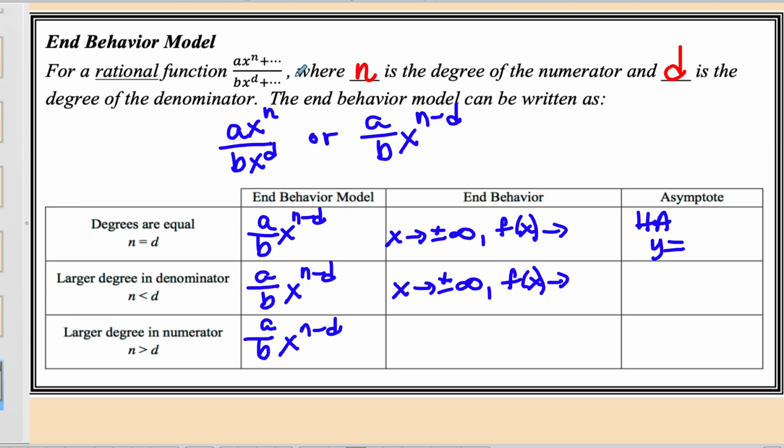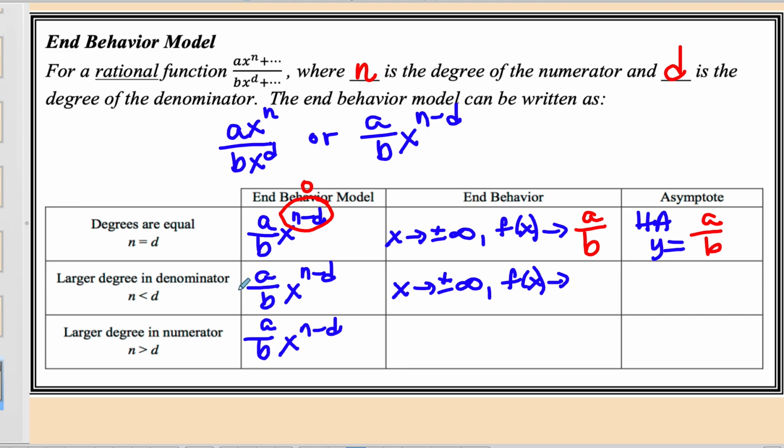And the other terms are really not going to have as much of an effect on end behavior. Remember that when the bases are the same, we can write it as x to the n minus d. Well, when n and d are equal to each other, this becomes a 0. And x to the 0 means that this is a over b. So f of x will approach a over b. So the horizontal asymptote is a over b.